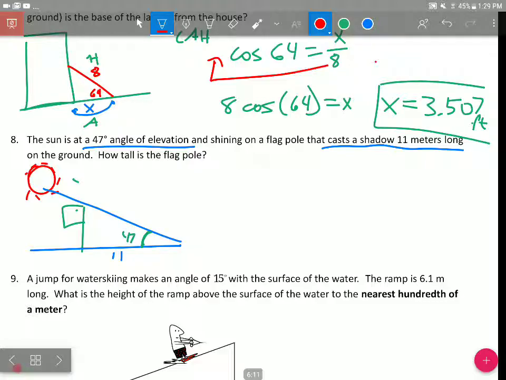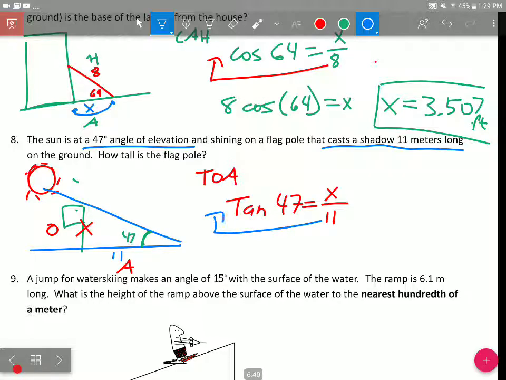Okay, we want to know how tall the flagpole is. That's your flagpole. All right, label it, choose your function, plug and chug. That's your opposite. That's your adjacent. Choose your function. O and A, well, that goes with tangent. SOHCAHTOA. So the tangent of 47 equals the opposite, which is x, over the adjacent, which is 11.